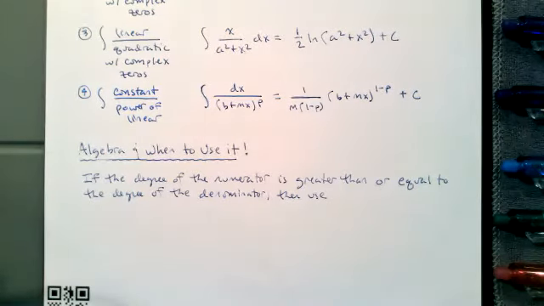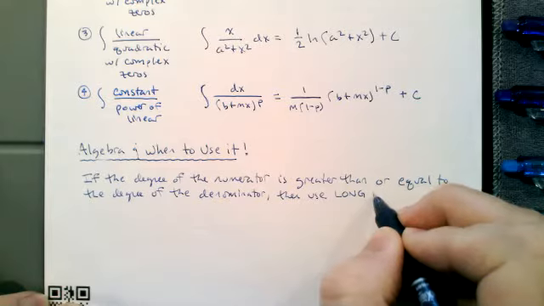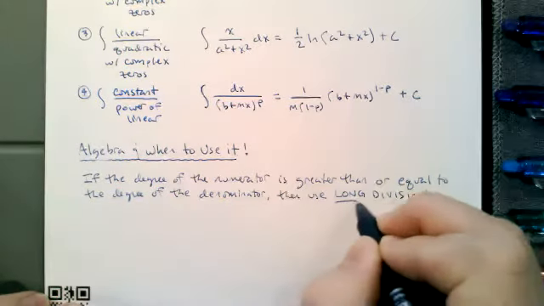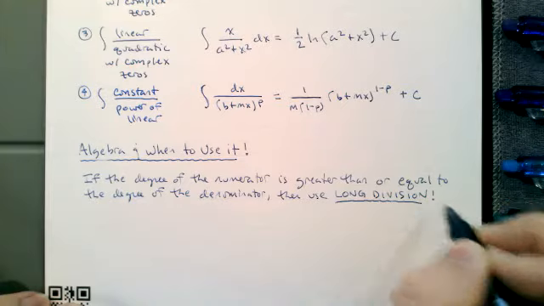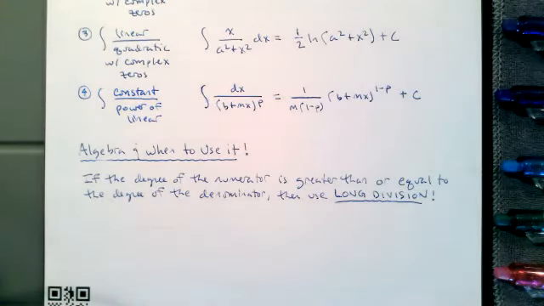If the degree of the numerator is greater than or equal to the degree of the denominator, then we use long division. That is, we go from an improper fraction to a mixed number.